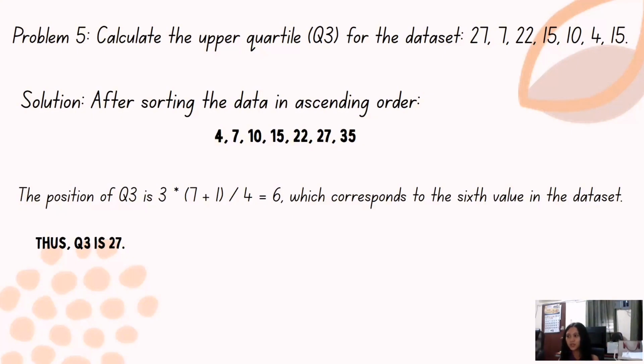The position of quartile 3 is 3 times (7 plus 1) over 4 equals 6, which corresponds to the sixth value in the data set. Thus, Q3 or quartile 3 is 27. The answer of problem 5 is 27.